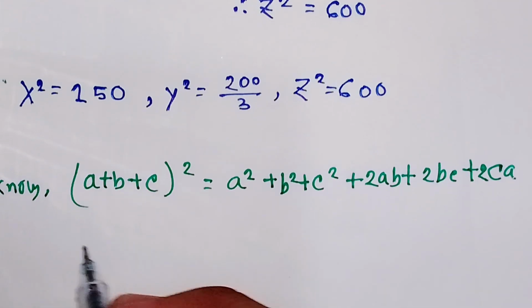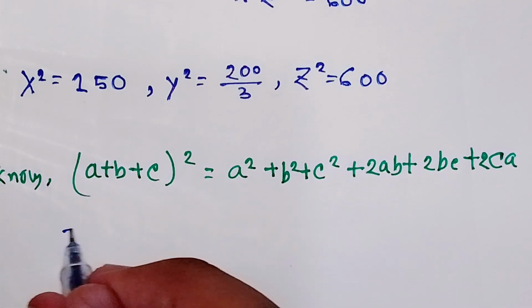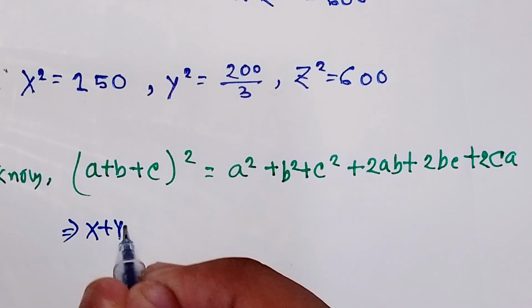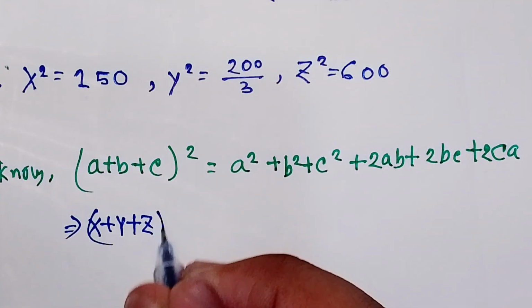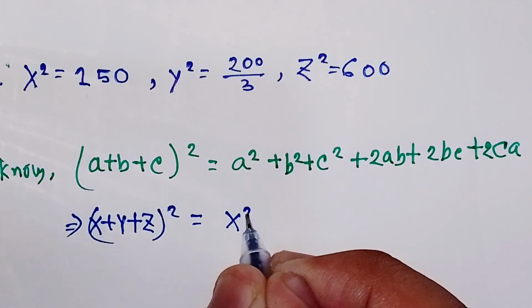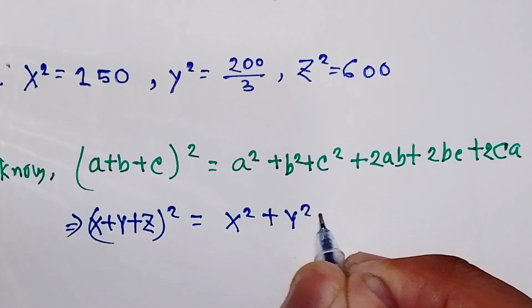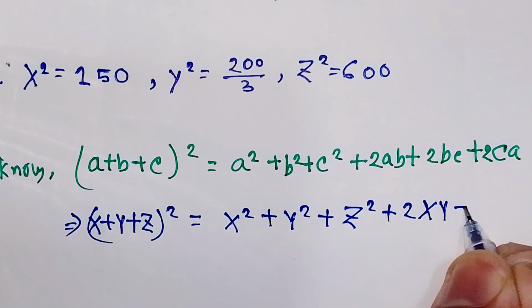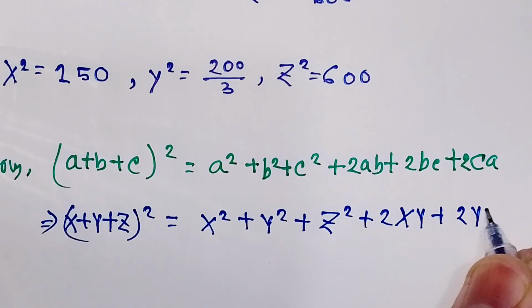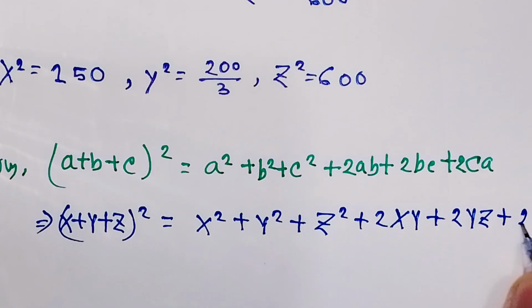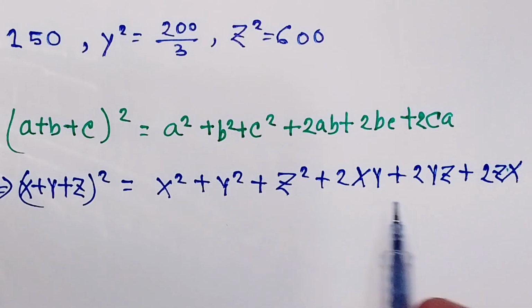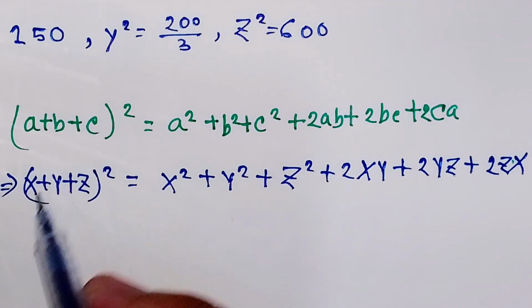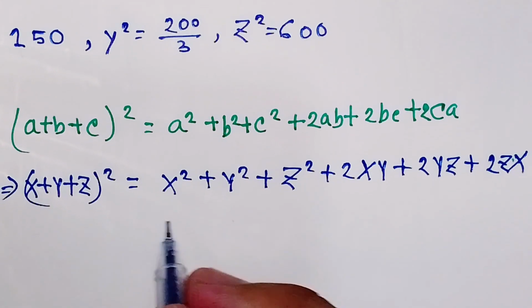From here we can write x plus y plus z whole square equals x square plus y square plus z square plus 2xy plus 2yz plus 2zx. We just write this in xyz format.